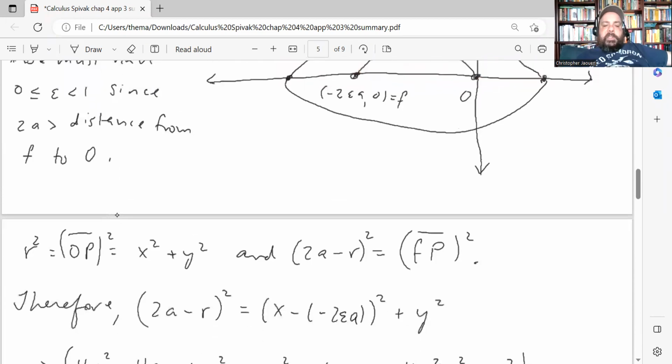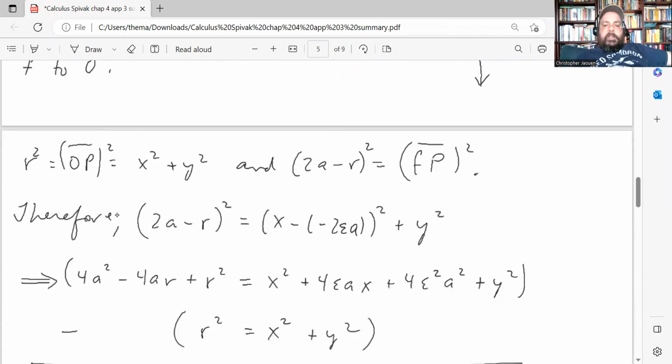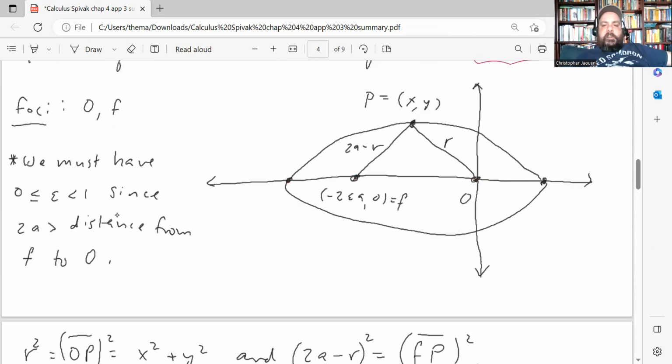But that's also, by the distance formula, given by (x minus -2εa) squared plus y squared, right? You just take the difference between the x coordinates here squared, plus the difference between the y coordinates squared, and add those together, and that gives you this distance squared, right? Which is this number squared.